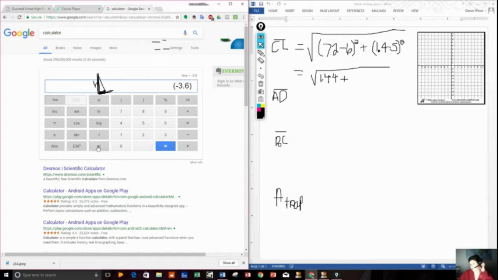Anytime you square a negative number, please make sure you're typing it in parentheses before you hit this x to the y and squaring it. If you forget that, let me show you.